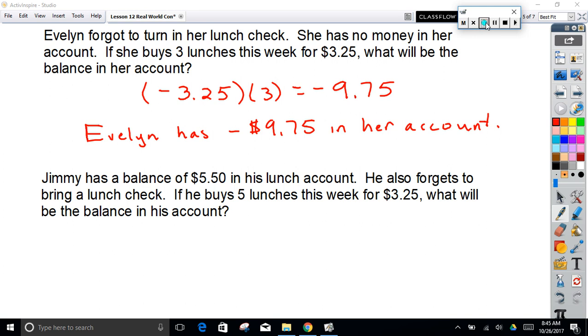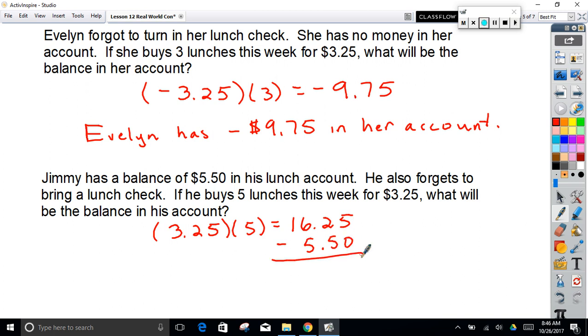Anyone have a different way, simpler way of doing it? Violet? I did $3.25 times 5, and then got $16.25, and then I did $16.25 minus 5.50. Okay, so you did this and you got 10.75. Was your answer positive? No, it was negative.